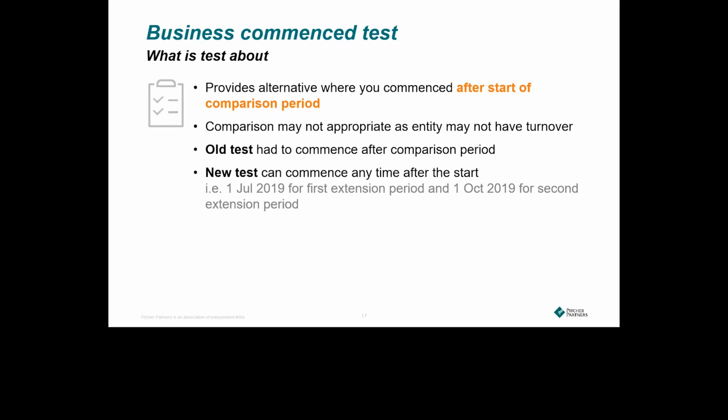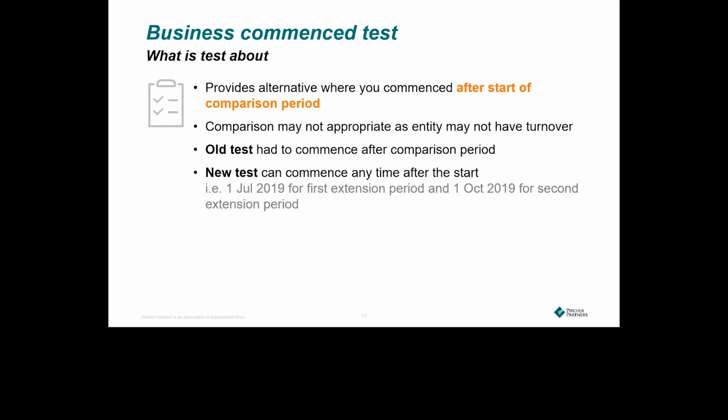What this means is that the test essentially applies if you commence business after the 1st of July, if you're looking at the September quarter, or after the 1st of October 2019, if you're looking at the December quarter. It is important to note the slight difference with the other tests that apply where the relevant event happens on or after the relevant comparison period. So here, if you start on the 1st of July 2019, it won't be available.